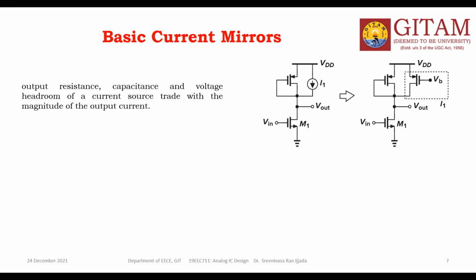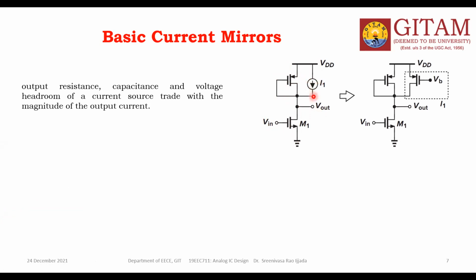So if you see the circuit exactly, already in the last class we discussed, but once again I'm going to do. This is the diode connection. Input is fed to M1 and this is the diode connected load. And this is the current source.